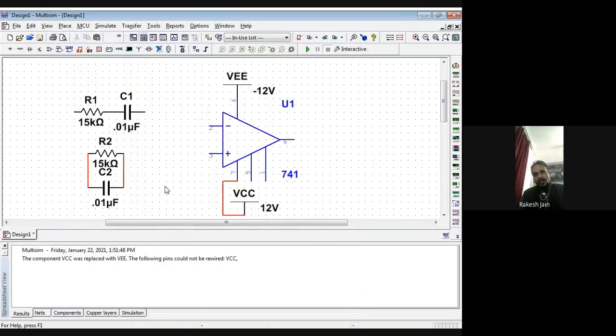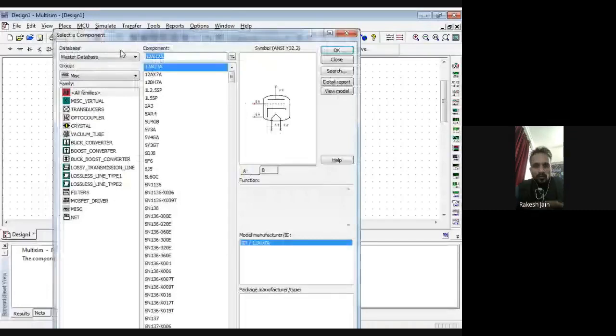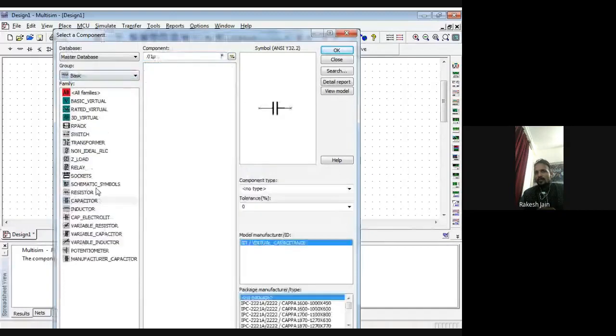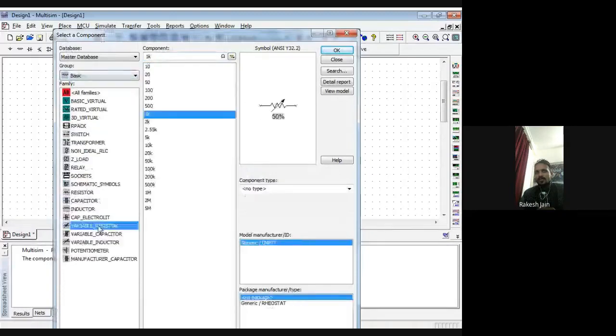Now the two resistors are also remaining. One is a 4.7 kilo ohm variable resistor, as I have already taught you in that diagram. A 4.7 kilo ohm variable potentiometer as resistor R3. So just go to basic and go to variable resistor instead of a simple resistor, and just write down 4.7.